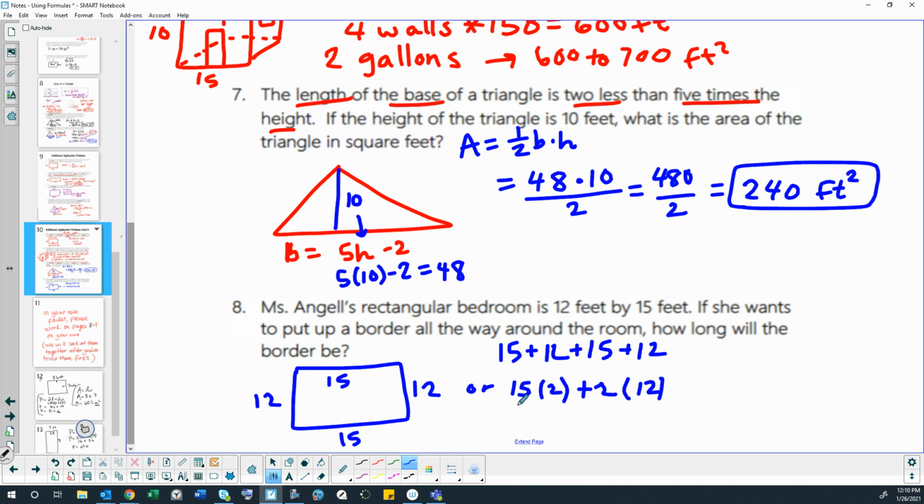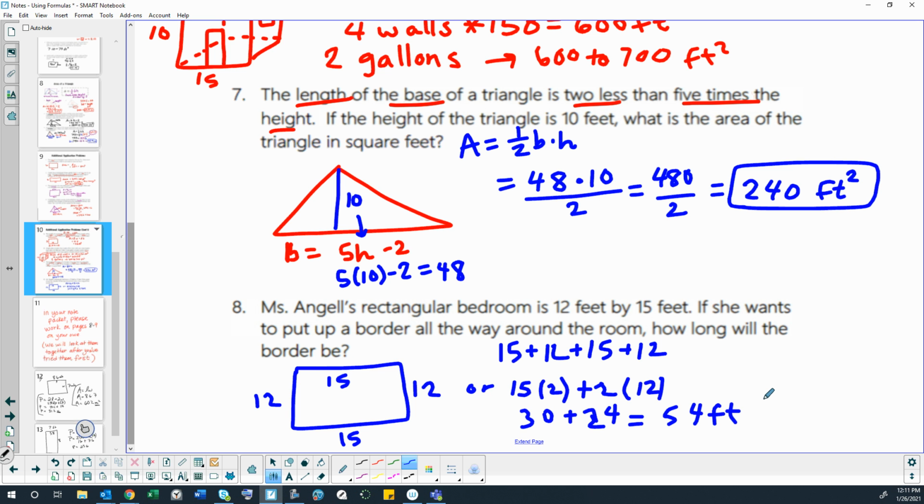Or multiply the two that are the same by 2, multiply the other two that are the same by 2, and find the answer that way. So 15 times 2 would be 30, and 2 times 12 would be 24. So altogether, we would have 54 feet of length to string a border around the room.